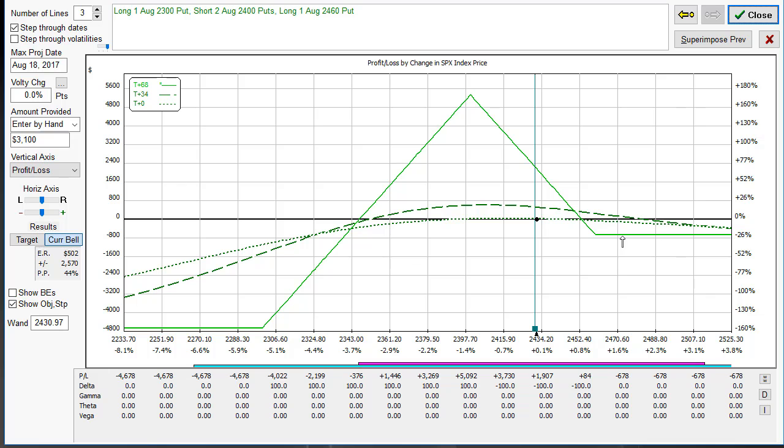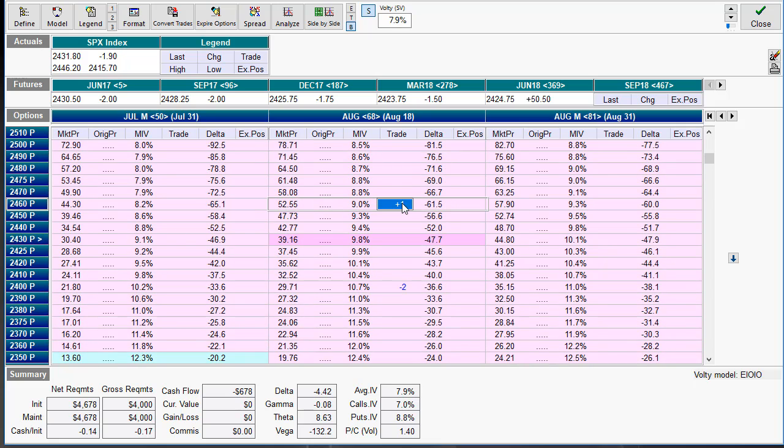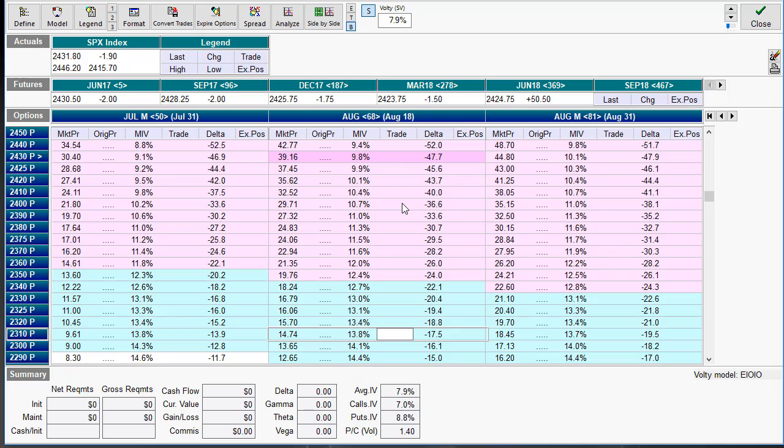And if this is acceptable, well, some traders like to trade the wider body so that they can let the trade roam around, and the benefit to that versus the narrower ones, all right, is when you have the wider body butterfly, it's essentially the same as saying, all right, well, what if I wanted to sell 2 here, buy 1 here, and buy 1 here?